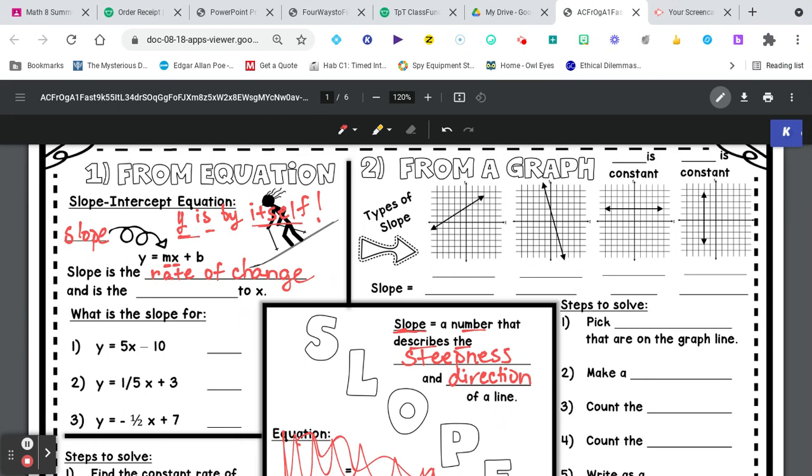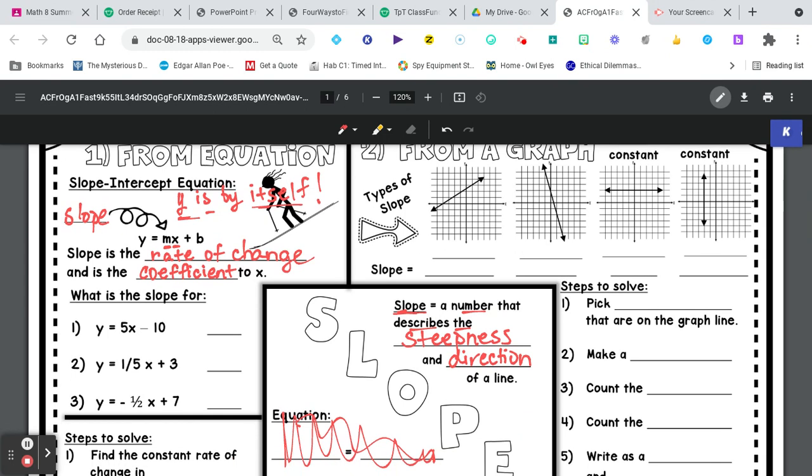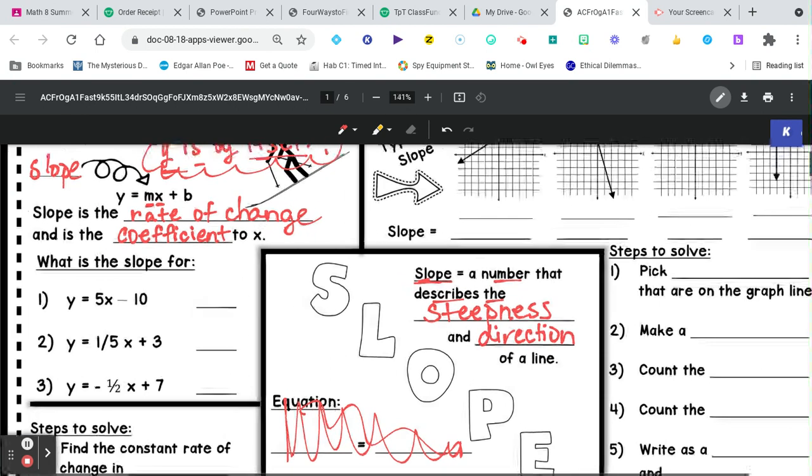It's the coefficient of x. The coefficient of x is just the number that is attached to x. So whatever is attached to x is your slope. But again, you must make sure you have y by itself, okay? So let's take a look at some examples right here.